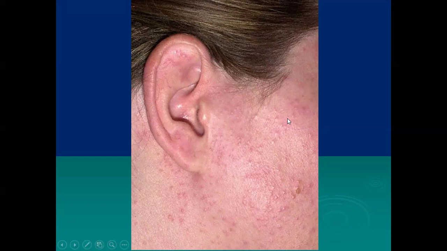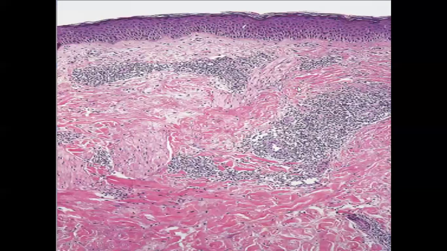So both Jessner's lymphocytic infiltrate and polymorphic light eruption would have a similar histopathological appearance, that of dense perivascular lymphohistiocytic infiltrate in both upper and lower dermal blood vessels. There will be no interface change in these conditions.